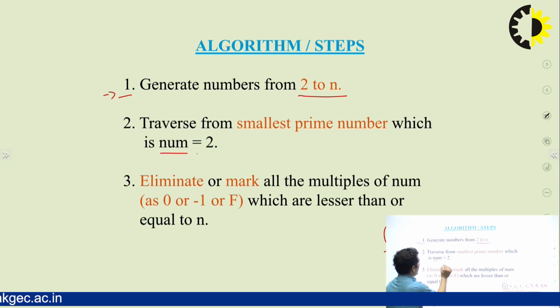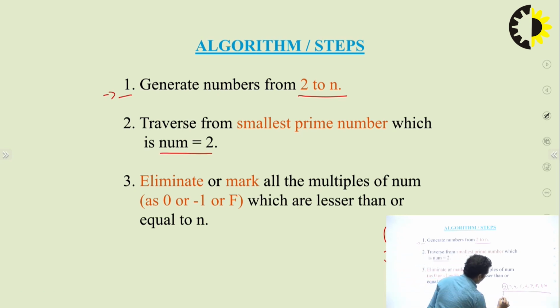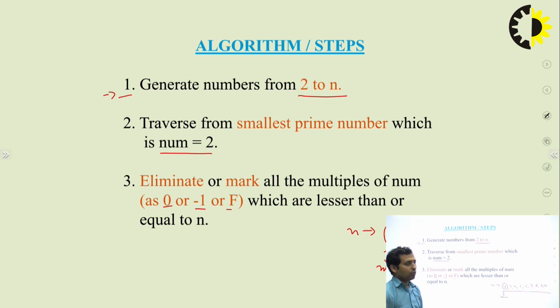Here num is 2, and the numbers are in this list from 2 to n. Eliminate or mark all the multiples of num as 0, or -1, or f, or some other indication we can use.